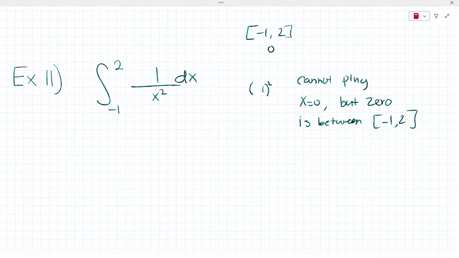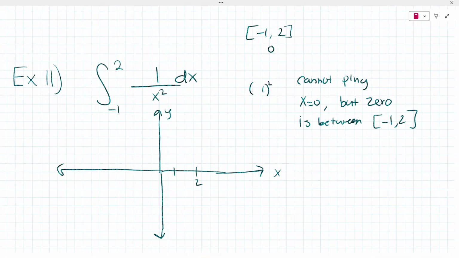So if you really want to graph it, this rational function would look like this. Here is 2, and we're only going from -1 to 2, so this is this area. And then here's -1.